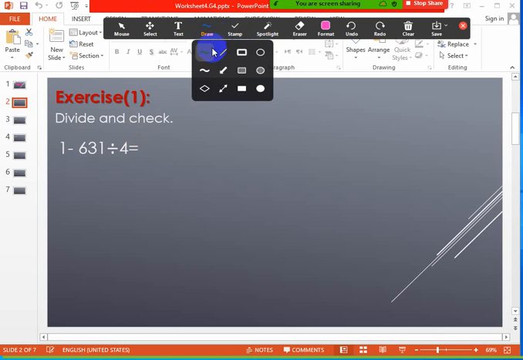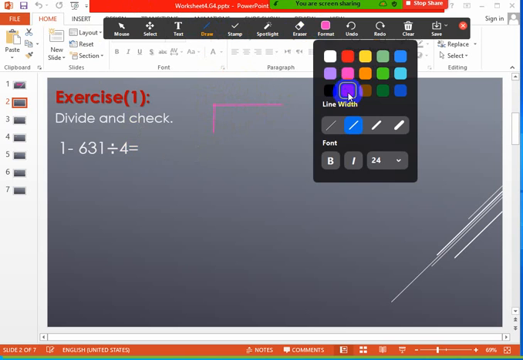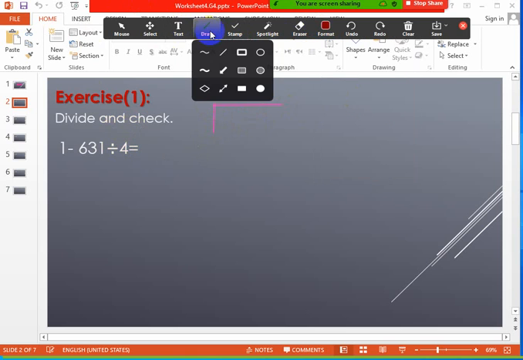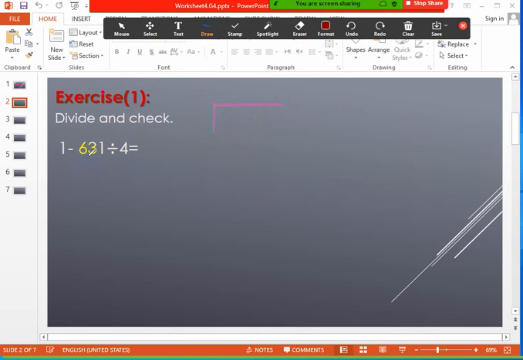So let's start to draw the long division line and write the numbers. The dividend will be right here, which is 631. The divisor will be 4, and I will put it next to it, right here.